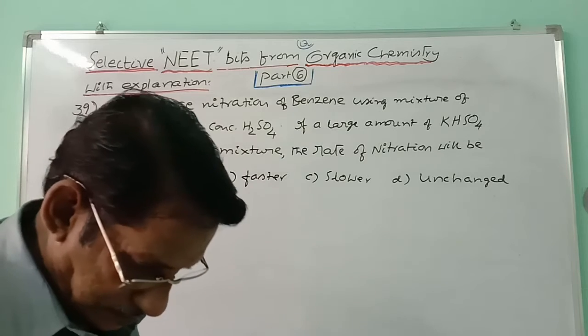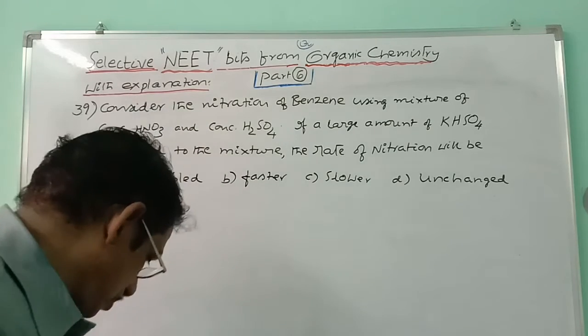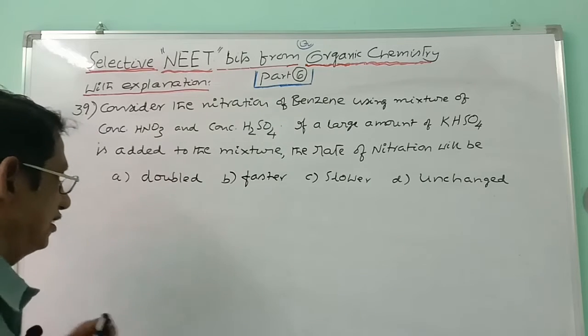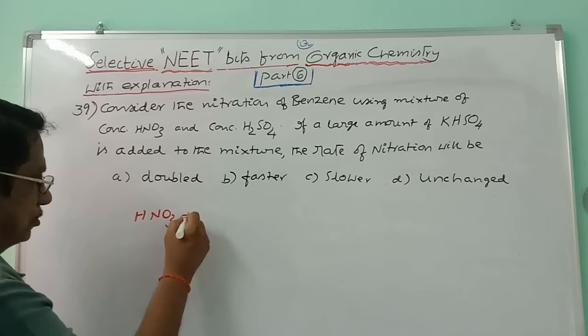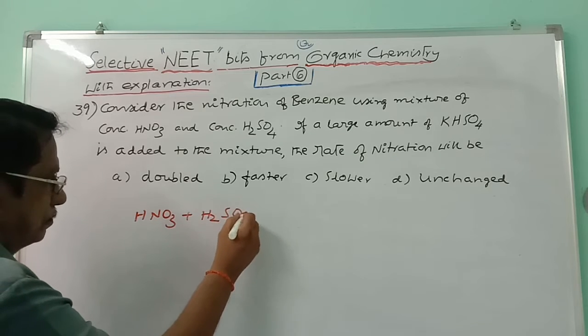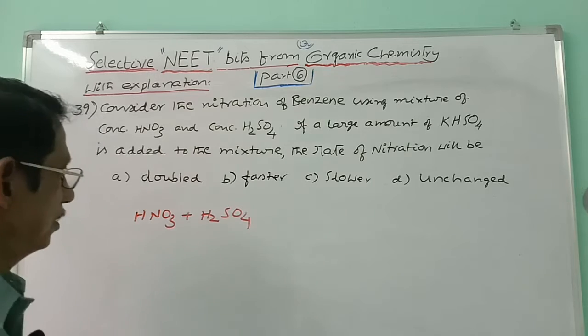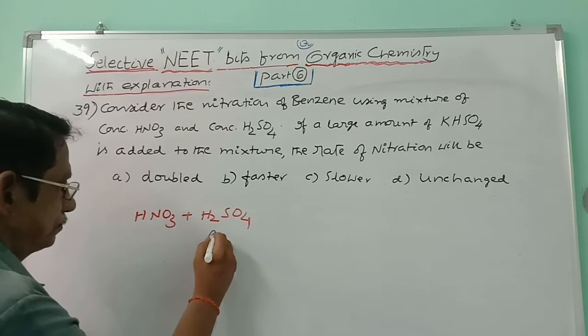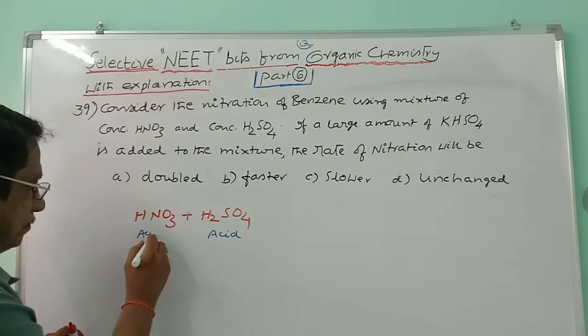First of all, write the production of nitronium ion, which is the result of the HNO3 and H2SO4 reaction. So now let us take HNO3 plus H2SO4. This is acid. This is also acid.